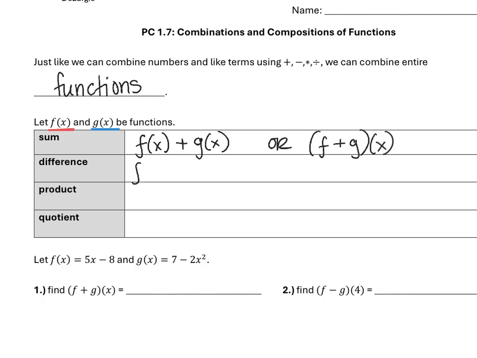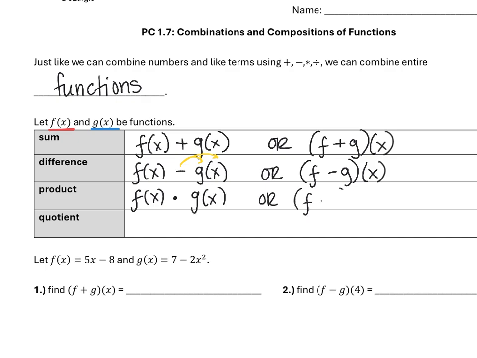Okay, so then difference means subtraction. So we could have f of x minus g of x. You'll have to be careful with subtraction because you'll have some distribution to do when you get to that step. Or you could see it written like this, f minus g of x. Product means multiplication, f of x times g of x.